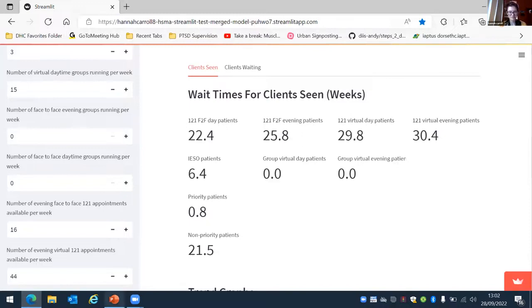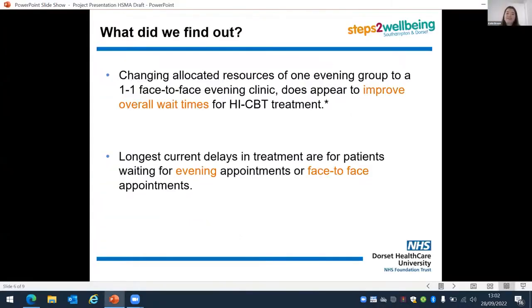Yeah. So that is one of the things, if we think about what we did find out, we are still looking to tweak this model, because we've run it lots and lots of times now, and there are a few bits that we still need to look at, but generally it does seem to be going with our predictions that the longest waits in treatment are for evening or face-to-face.